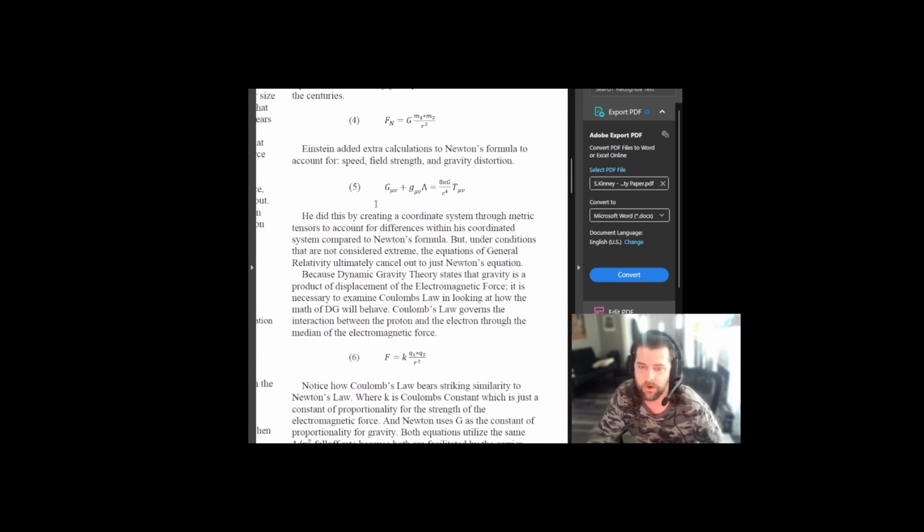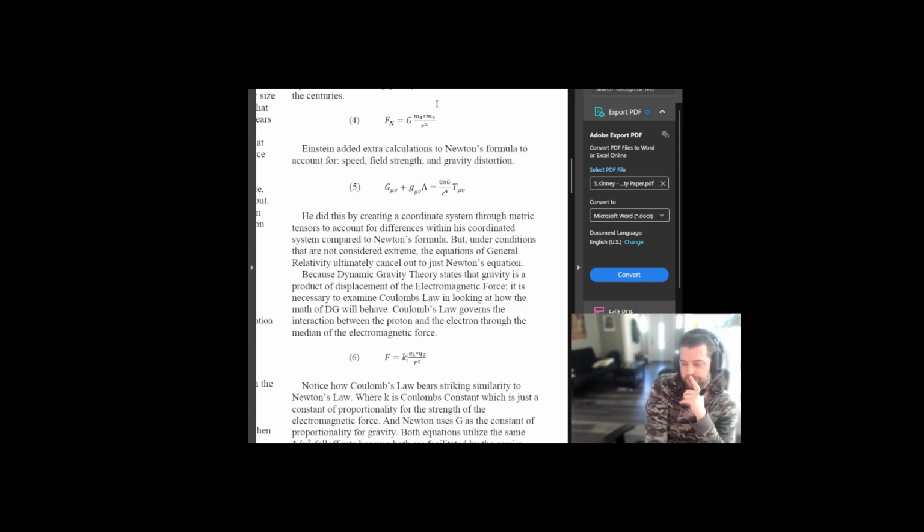So what we've got here are the two formulas. We have Newton's gravitational constant, and we have K, Coulomb's.